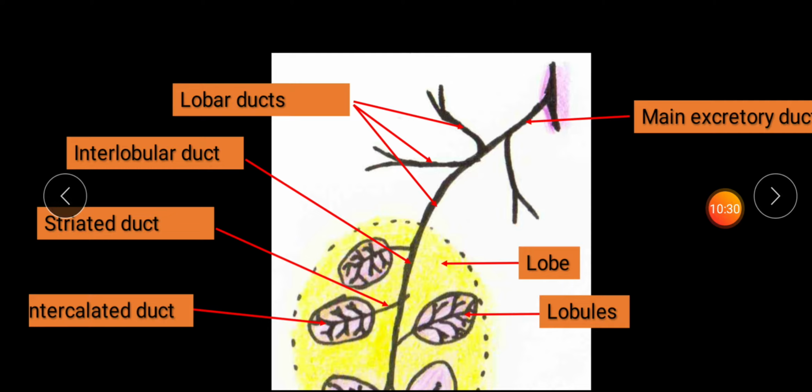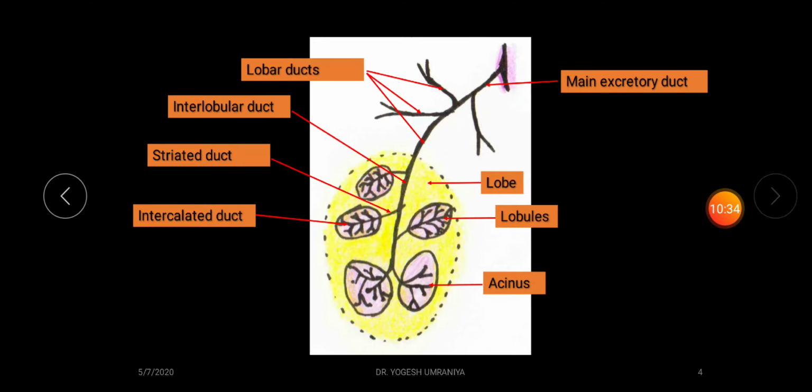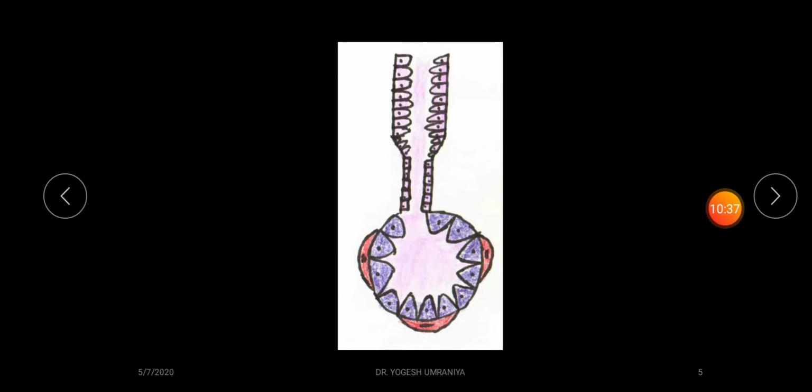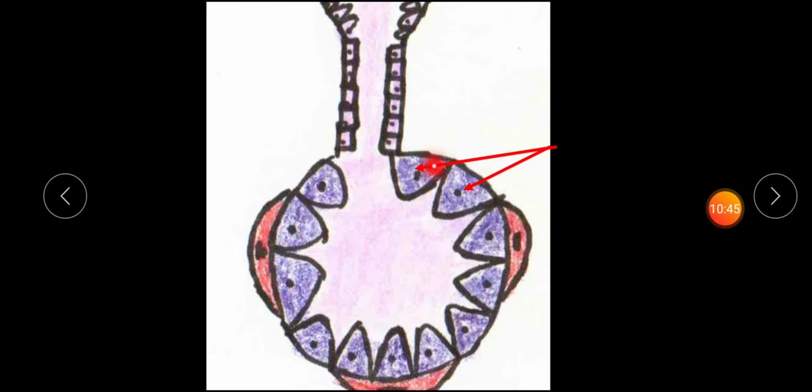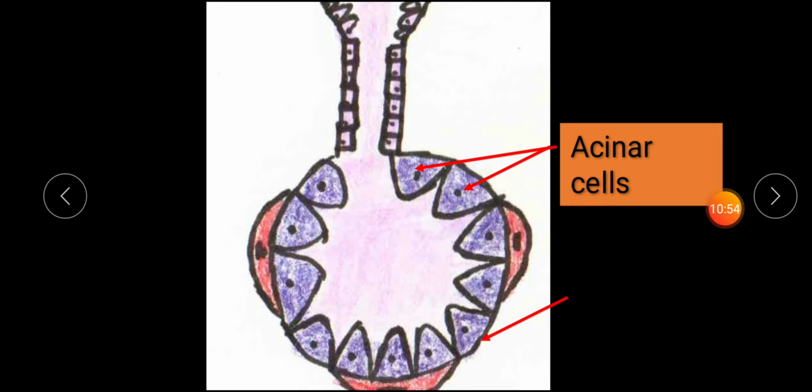Now, we will see the arrangement within a single acini and its duct. Here you can see the single acini as well as its duct system. First, you can see these pyramidal cells, arranged circularly. These are termed the acinar cells.